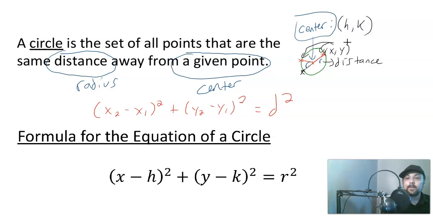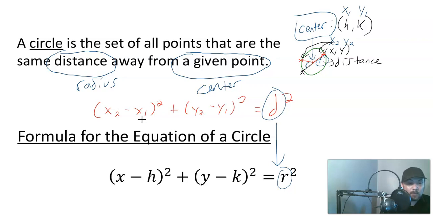So we're going to think of the center as our first point. That's going to be x1, y1. We'll think of our variables x and y as our second point. That'll be our x2, y2. And as I already mentioned, r is going to be the distance. So the distance is going to be r. And so we see that substitution right here. And you should see the same substitutions everywhere, right?